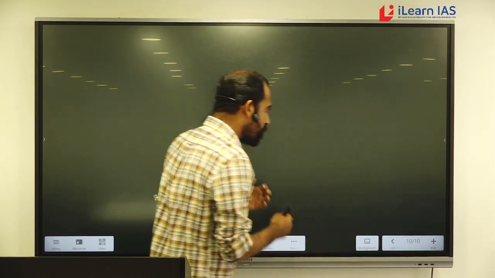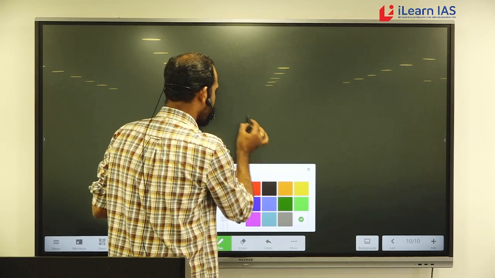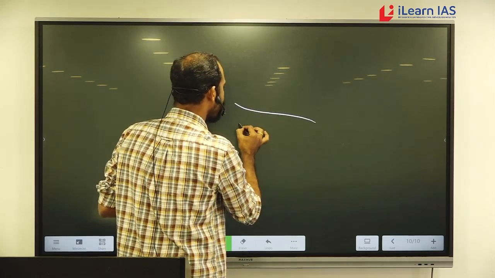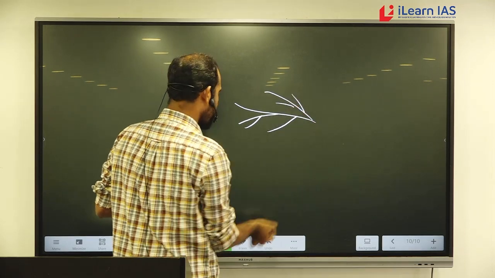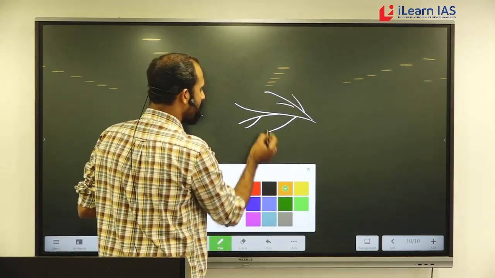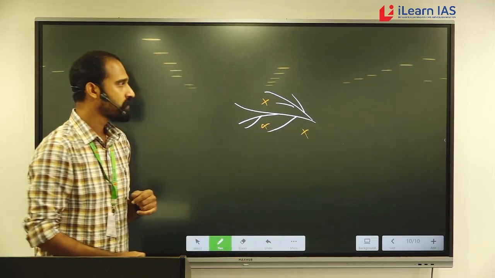So now in that concept, we identify the watershed of a small rural area. It might be a collection of a few villages. Maybe there is a village here, there is another village here, there is another village here.